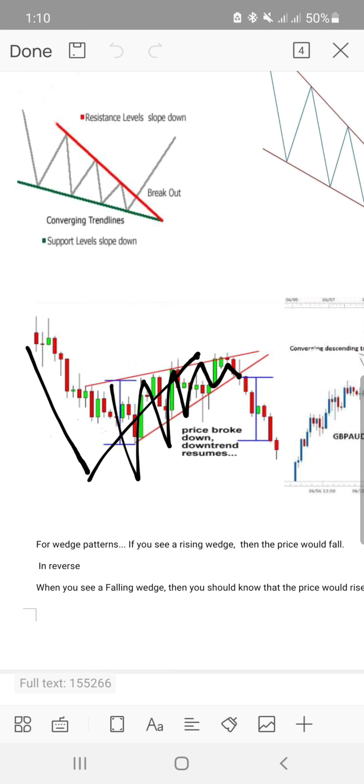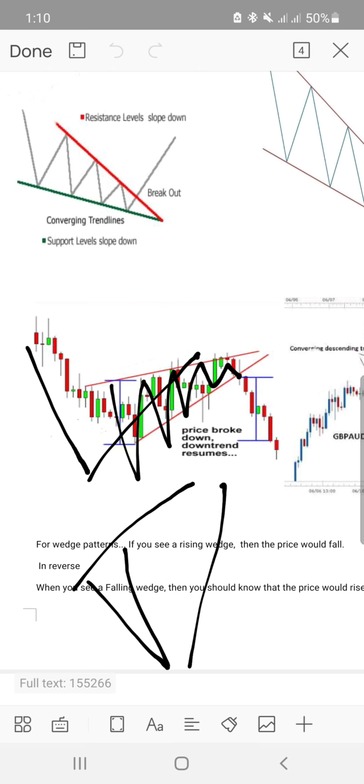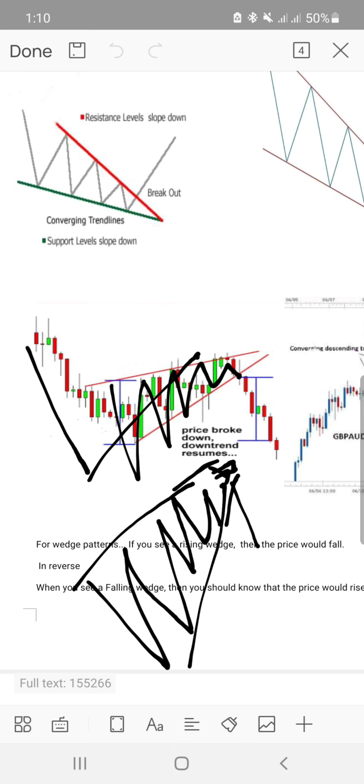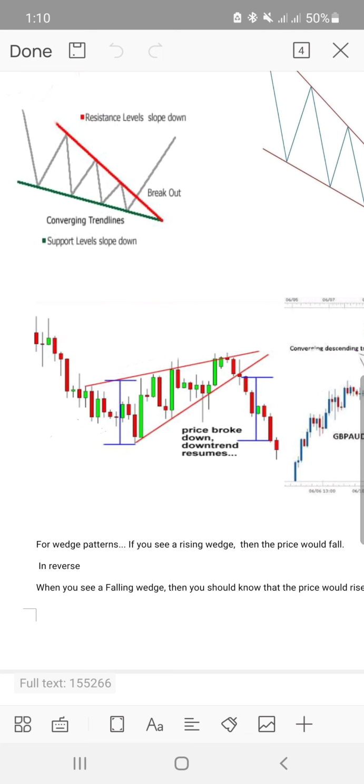And one peculiar feature about wedges is that price starts from big candles. The candles continue to reduce in size until it forms. It's just like price is converging into a narrow range, right? Then once it is done converging, there's going to be a breakout, and that breakout is your point of interest, right?